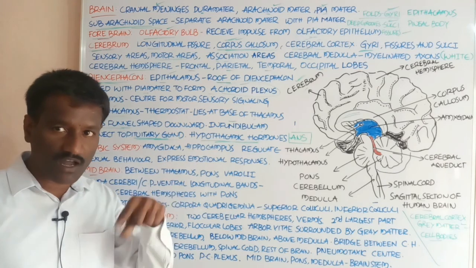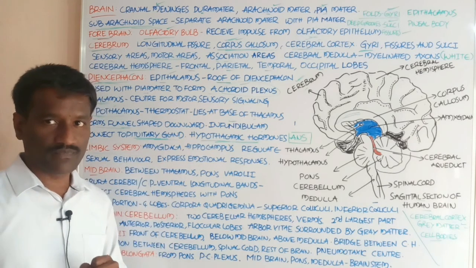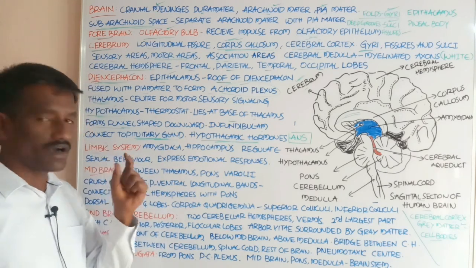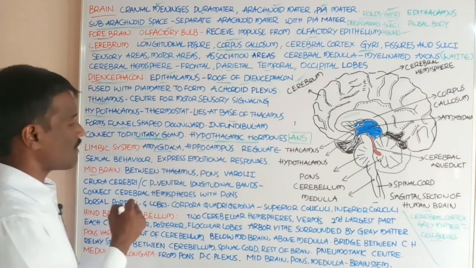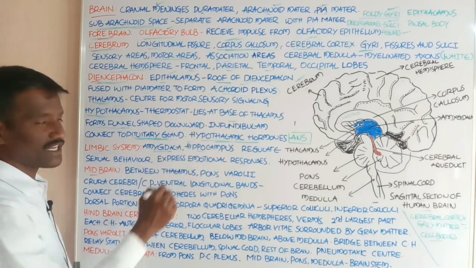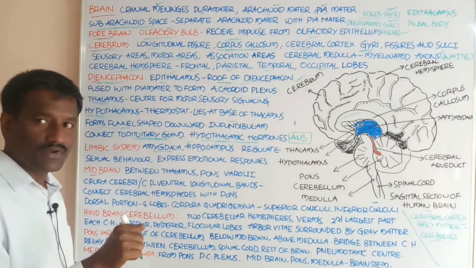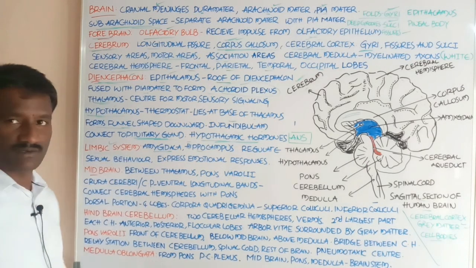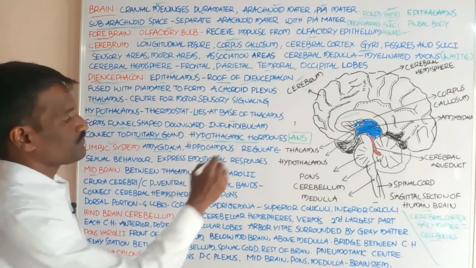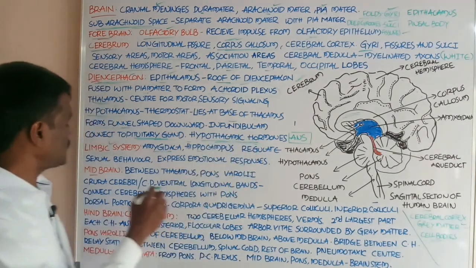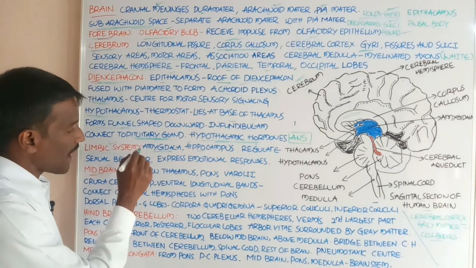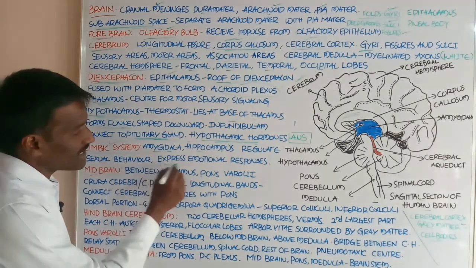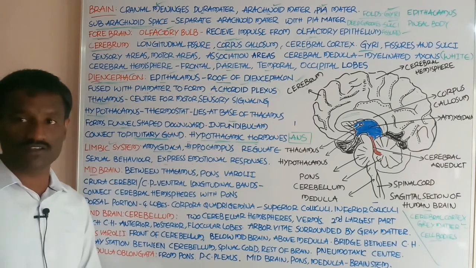If you observe the inner part of the cerebrum, these are the parts called the amygdala and hippocampus. The entire system present in the cerebrum region is called the limbic system. The limbic system regulates sexual behavior in the body and also controls emotional responses.